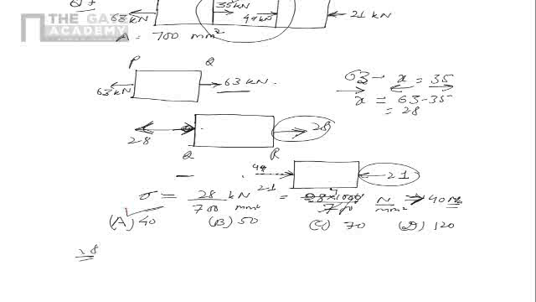Now question number 8. A uniform slender cylindrical rod is made of a homogeneous and isotropic material. The rod rests on a frictionless surface and the rod is heated uniformly. Please remember the key line here.